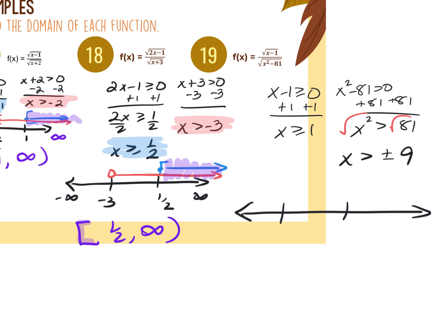And again, least to greatest. So -9, +1, +9. So for the first one, do this one in red. So it's going to be a closed circle or a bracket on +1 going to infinity.